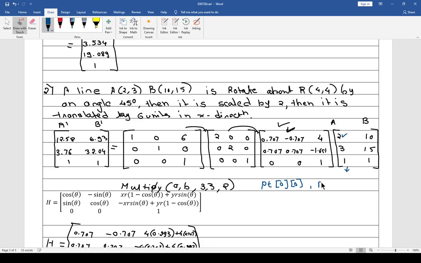If I say PT 1 0, I am going to get this value. If I say PT 0 1, first row and second column, I am going to get this.